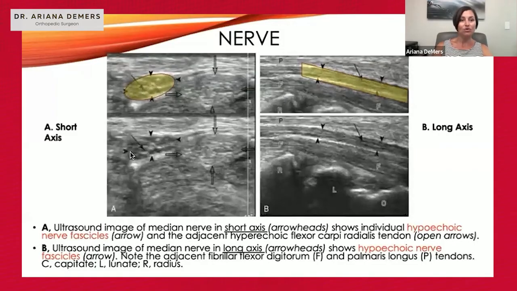You can see this beautiful honeycombing. Next to it is a tendon, but this honeycomb appearance of hypo and hyperechoic texture is the median nerve. Those nerves will appear different from the fibrillar texture of the tendons or ligaments, but on long axis view, it is sometimes quite difficult to identify the difference.